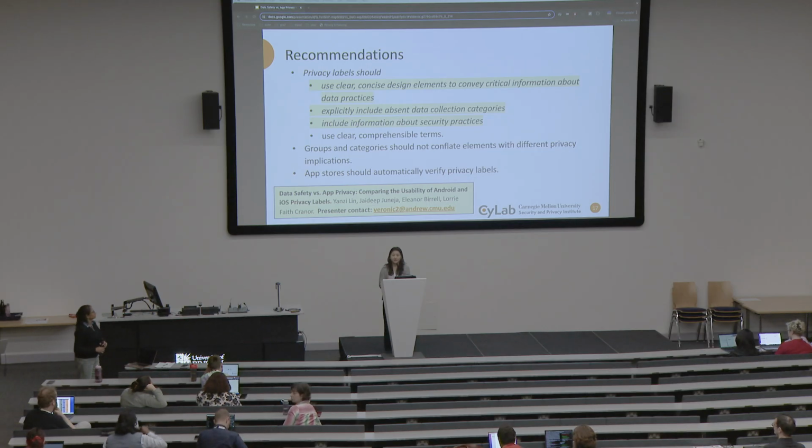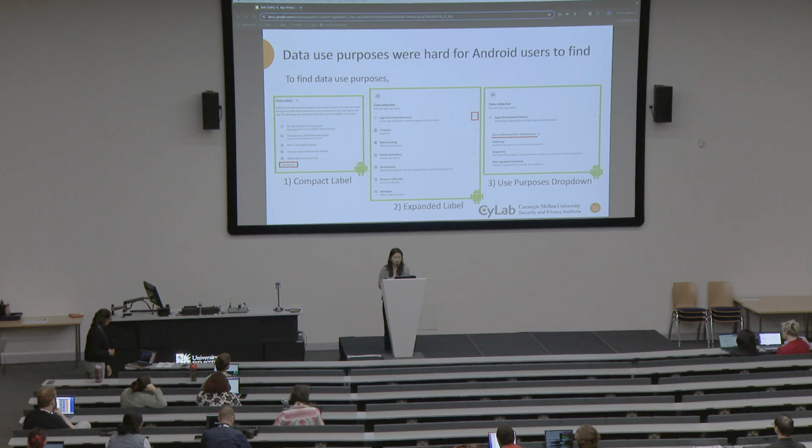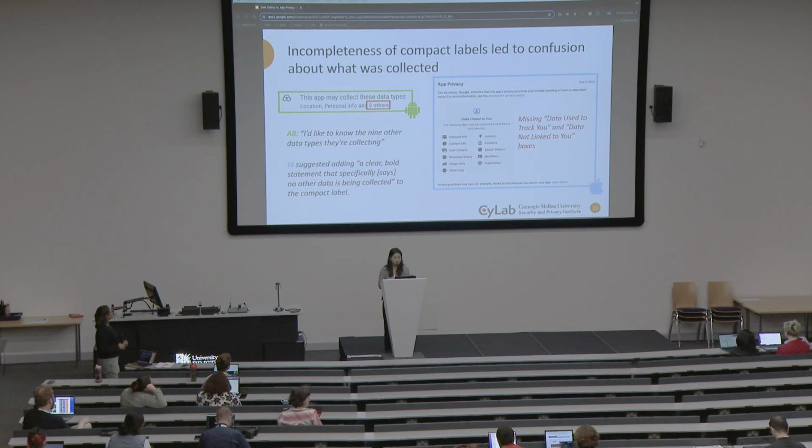Thank you so much for your question. Like I mentioned previously, Android labels abbreviated long lists of data type categories on the compact labels, and a lot of our users were concerned about whether they were being truthful about what types of data they were collecting, and whether the companies were trying to hide something really important from them. A lot of users weren't even aware of the privacy labels, and they wouldn't click on the see details link to be directed to the expanded label.